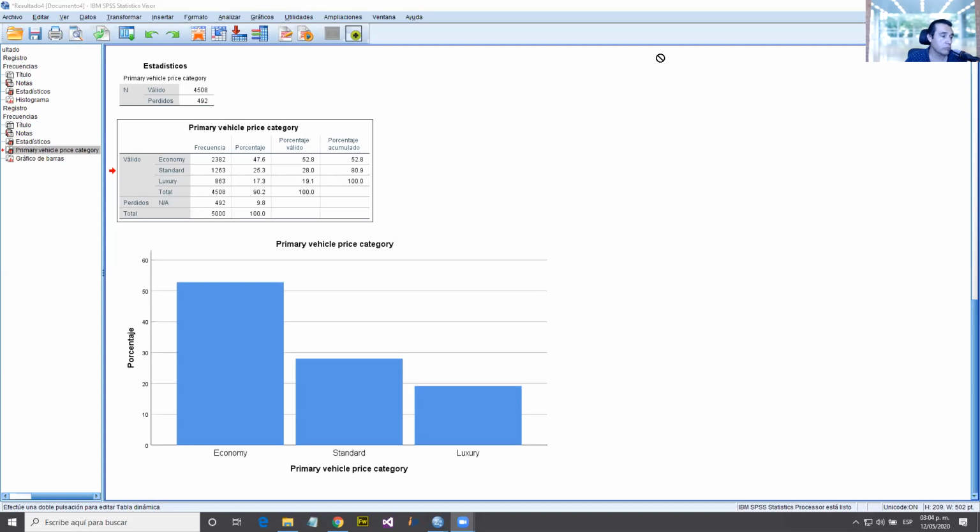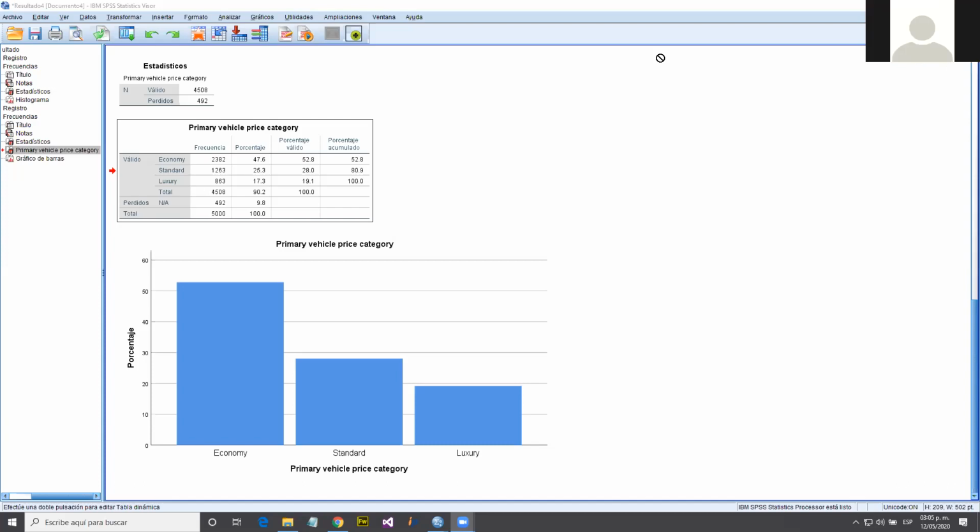Anyone? Yes, Jacinta, go. Well, the economy is doing greater and the luxury is, in terms of money, the worst. Yes, this means that fewer people are buying luxury cars. Yes, that is right.